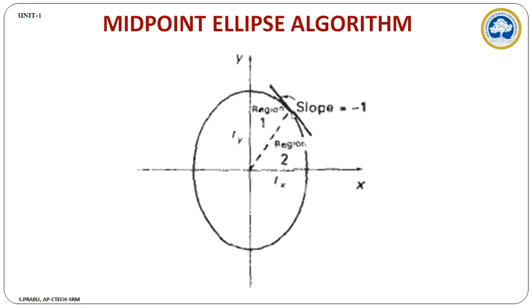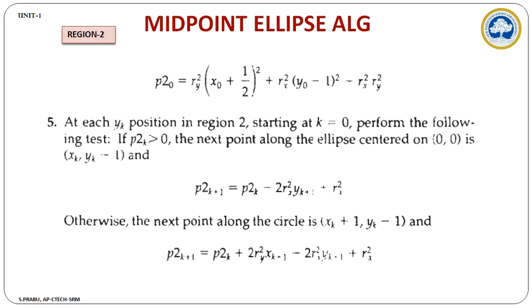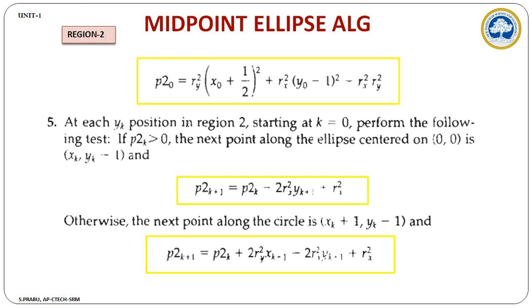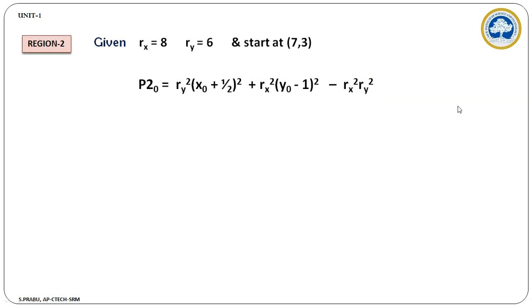The region 2 starting pixel is end of the region 1 pixel, that is 7, 3. And we use the different formula given in the algorithm. So this is the initial decision parameter for region 2. Depending upon the positive or negative value, we are using the next decision parameter formula. So I write the given values for region 2 and start from 7, 3.